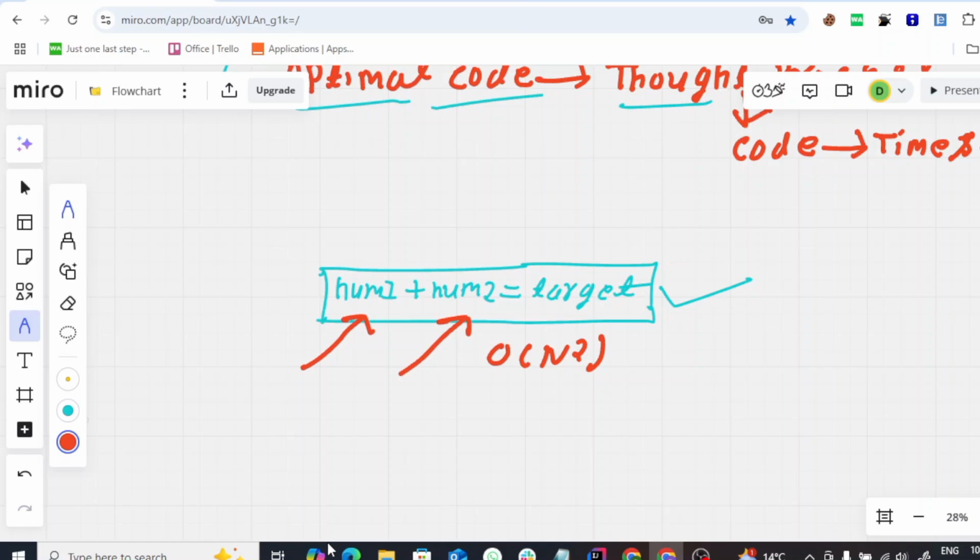Earlier we were using two for loops, and that's the reason the time complexity was order of n square. Now we are thinking about making this solution in order of n time complexity, so we have to think in terms of order of n. What I am observing from this equation is that earlier I was exploring two numbers, and that's why the time complexity was order of n square. Now I am changing the equation.